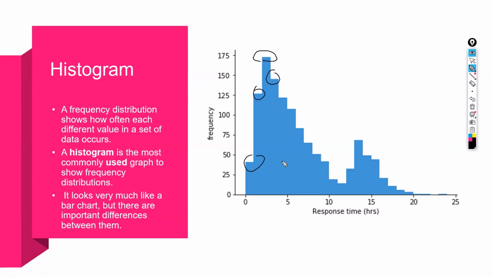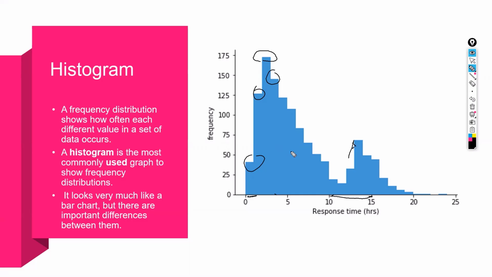Each bar typically covers a range of numeric values called a bin or a class. This is a bin, or this is a bin. A bar's height indicates the frequency of data points with a value within a particular bin.